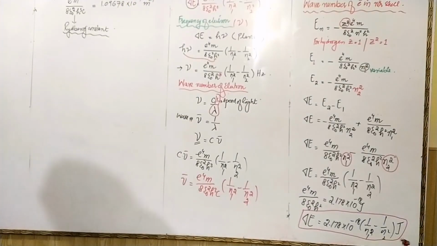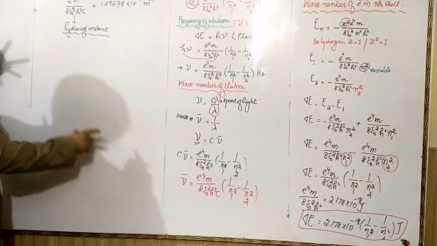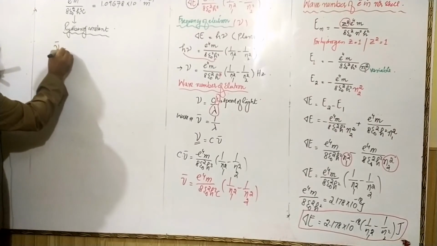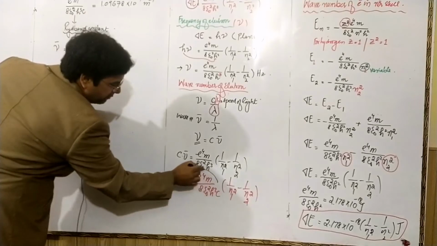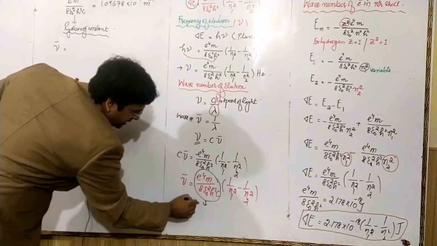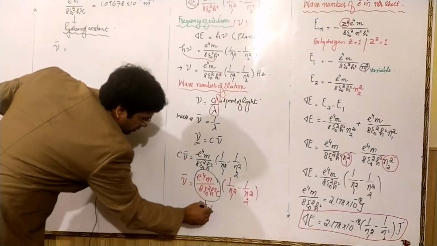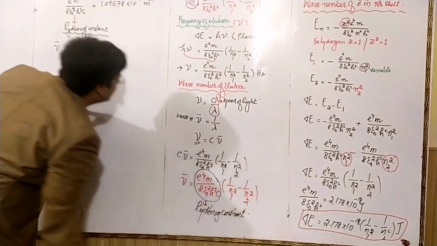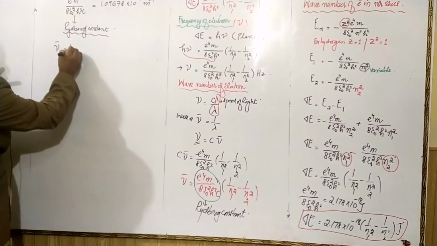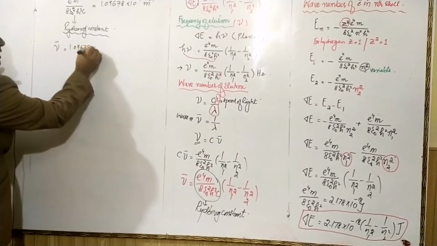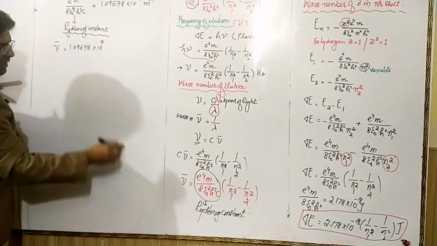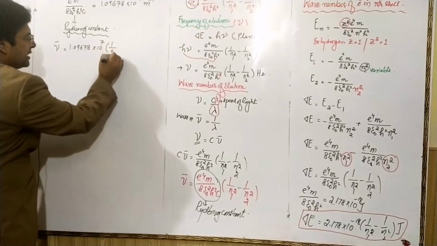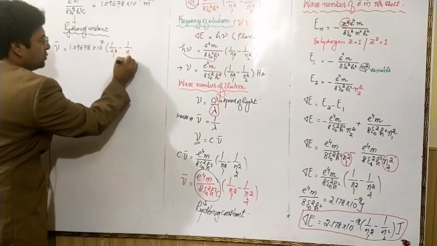So the value of wave number from this equation will be mu bar equals the Rydberg constant, 1.09678 into 10 raised to 7, into 1 over n1 square minus 1 over n2 square.